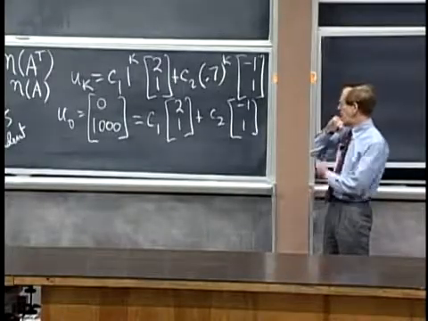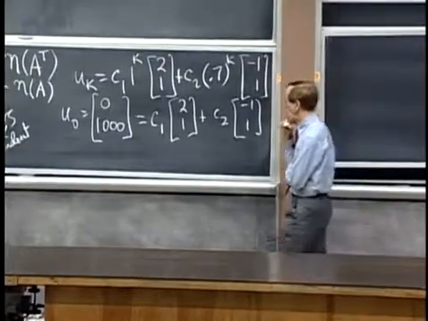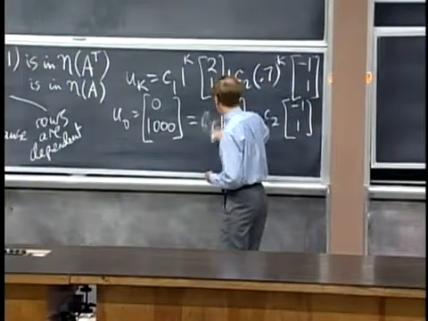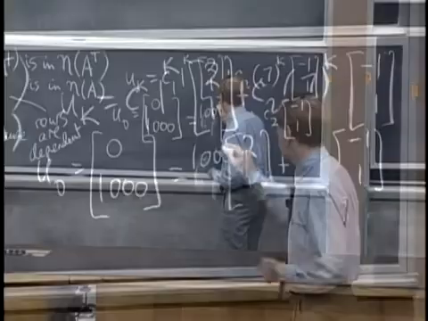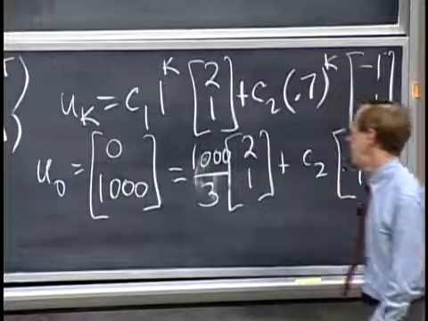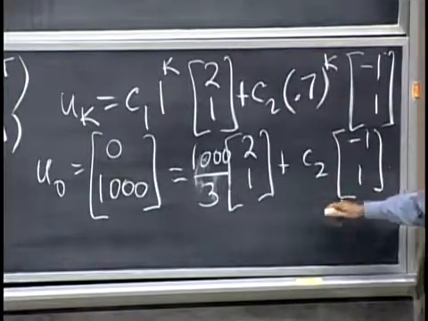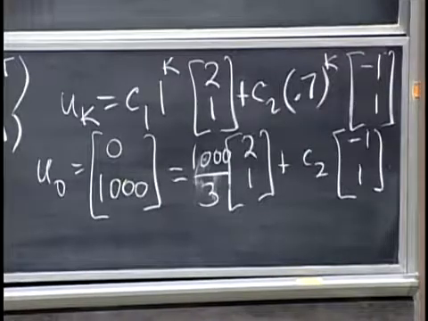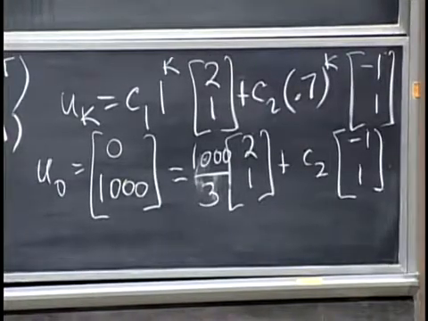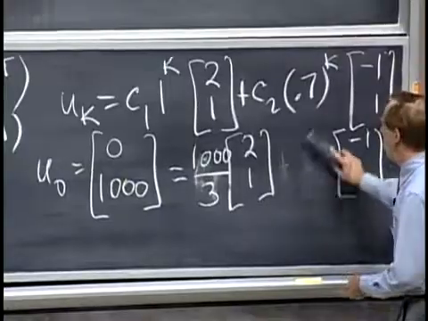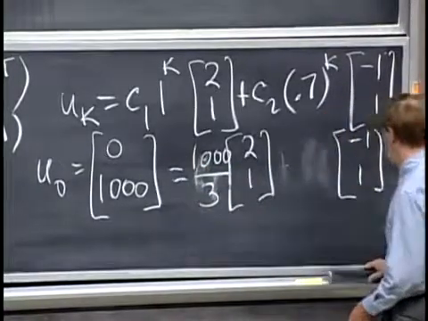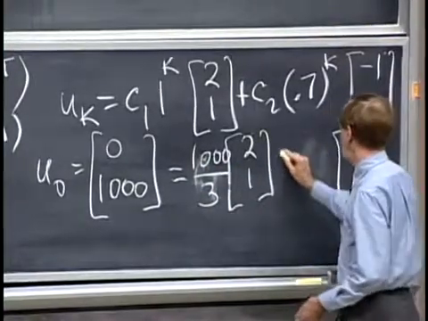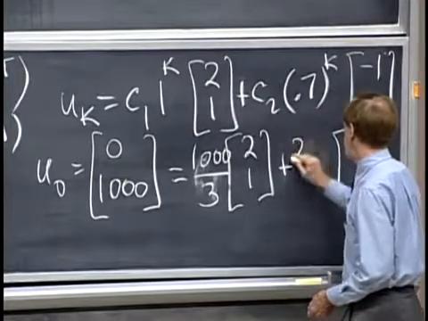Do you see what it is? I guess we already figured that c1 was 1,000 over 3. Did we think that had to be 1,000 over 3? And maybe c2, excuse me, get an eraser. We want to get a 0 here, so maybe we need plus 2,000 over 3.